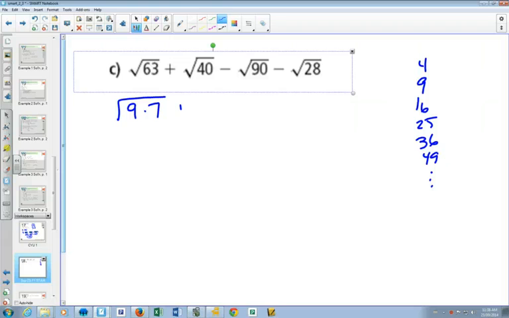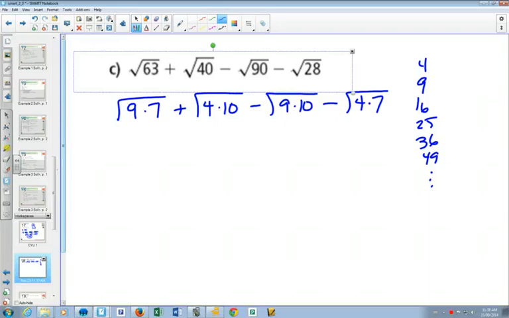What about 40? 4. 4 times 10. 90? 9 times 10. And 28? 4 times 7. So what's the square root of 9?